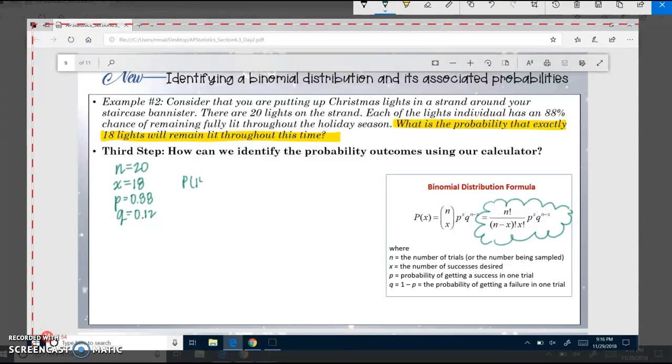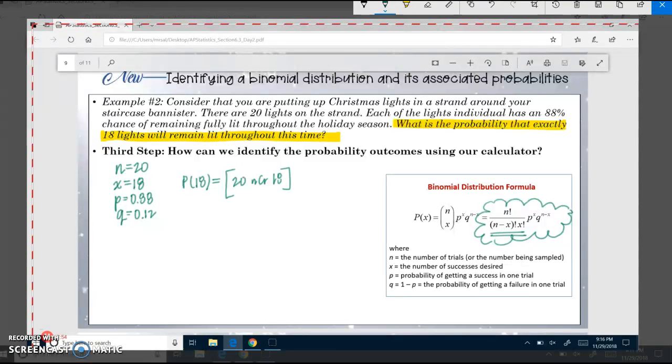So probability of 18. We first start out by calculating this piece here, which we do by inputting 20, and then of those we're choosing 18. So get that value out of your calculator first before you go to do the exponential probability piece.